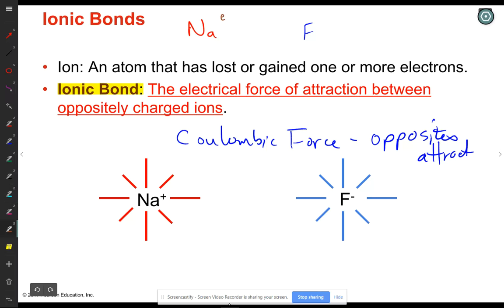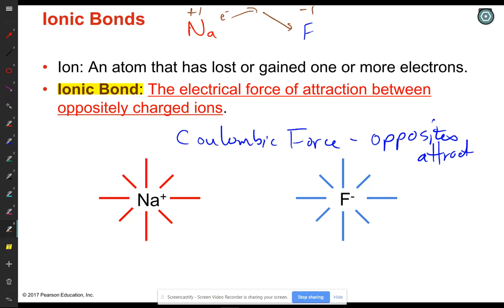And so it has this electron and it says, I'm going to let it go. The fluorine says, I would love to have that electron. And so then I end up with the fluorine has the -1 charge because of the extra electron. Sodium has the +1 charge. And the 2 charges, opposite signs, attract each other. That's an ionic bond. Does that make sense?